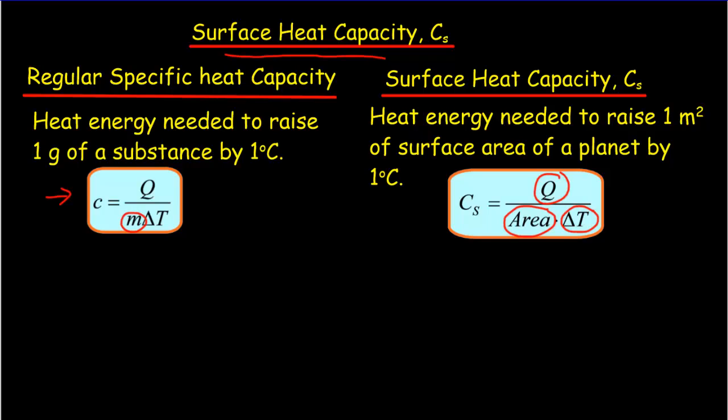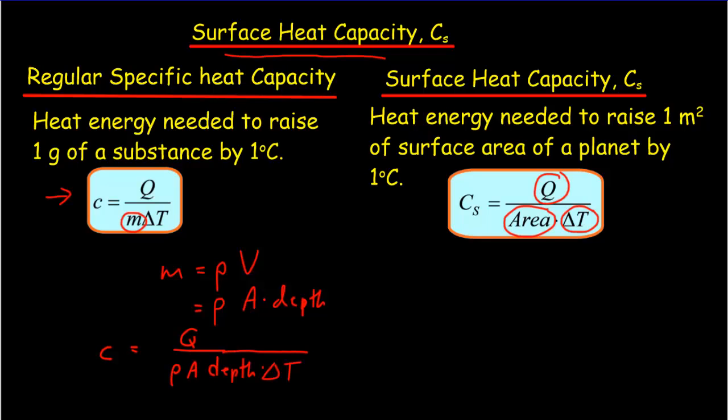Mass is equal to density times volume, and volume is equal to area times depth, at least using a simple model where we have an equal depth all the way through, which means that we can write the specific heat capacity here as C equals Q all over rho A times depth.